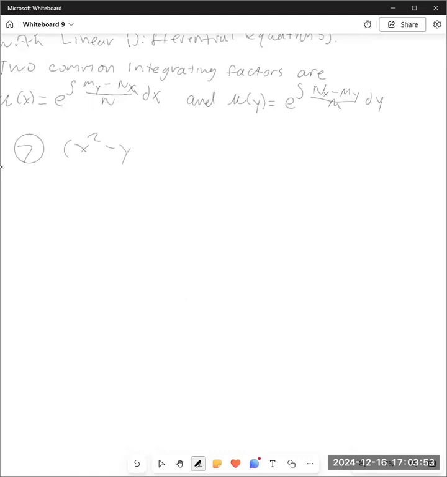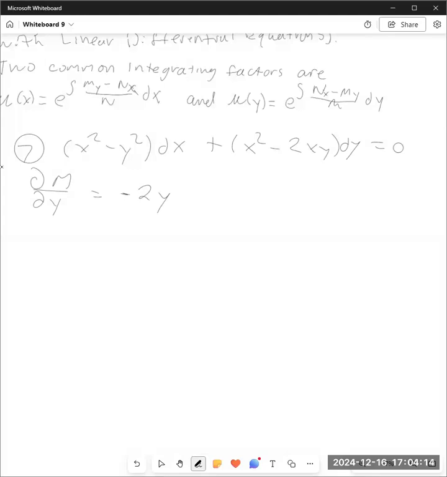(x squared minus y squared) dx plus (x squared minus 2xy) dy equals 0. So let's take the derivative of this piece with respect to y. Partially, that is going to give me negative 2y.